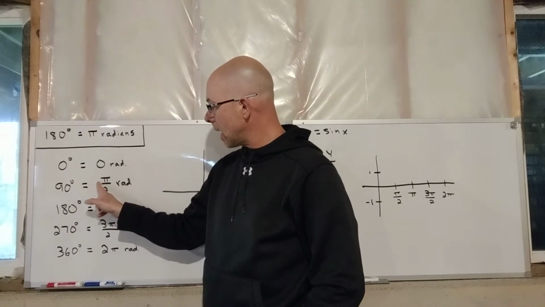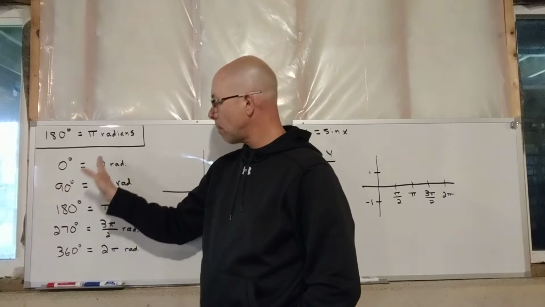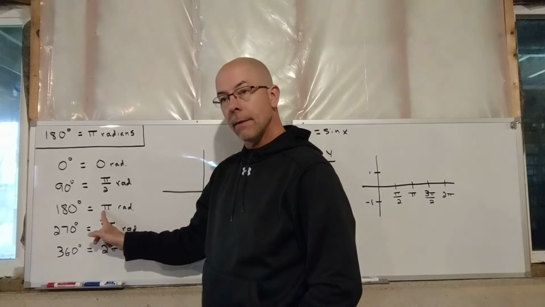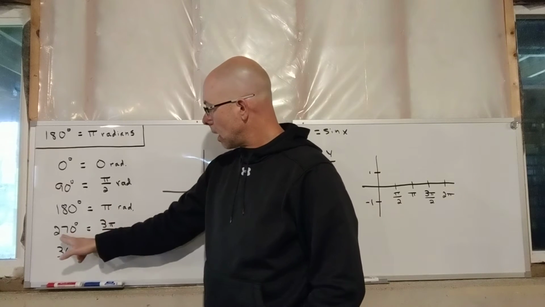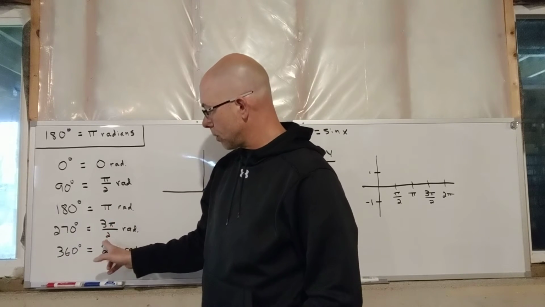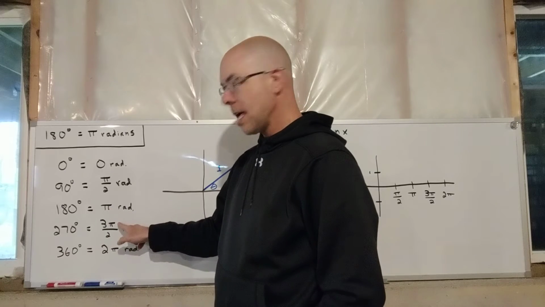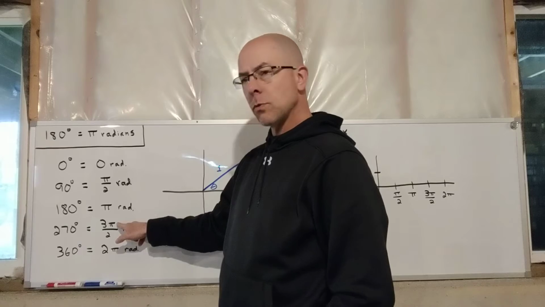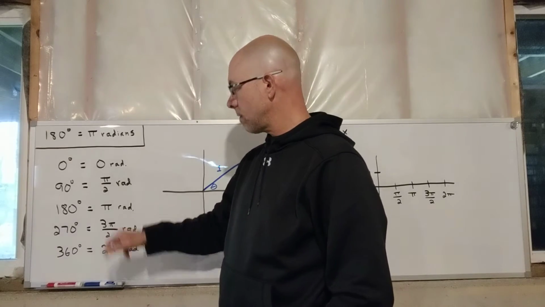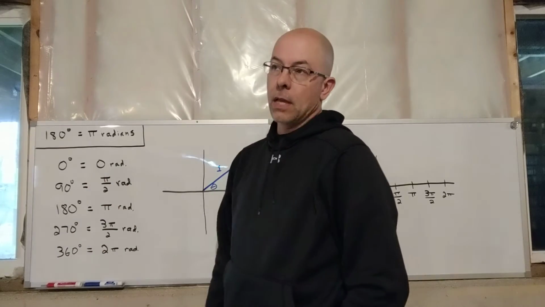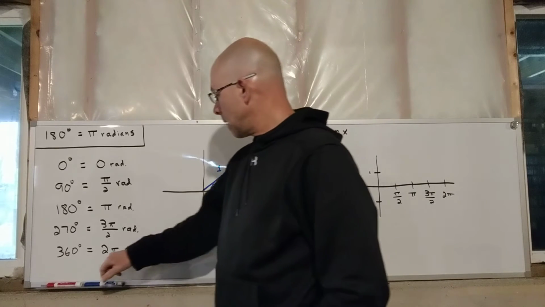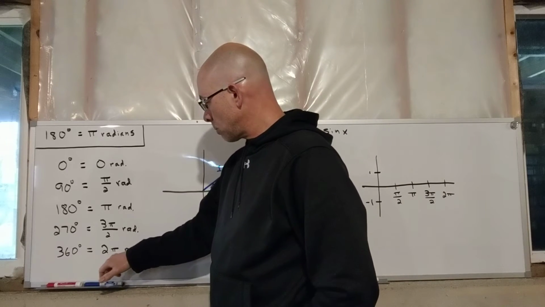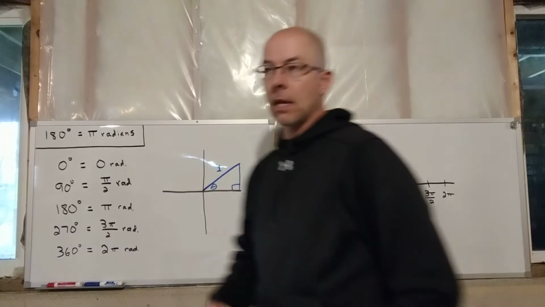Think of that: 180 divided by 2 is 90, so pi over 2. 180 is pi radians. 270 is 3 pi over 2. Think of that as 3 times 180, which is 540, and 540 divided by 2 is 270. And then 2 pi: 2 times 180 is 360.